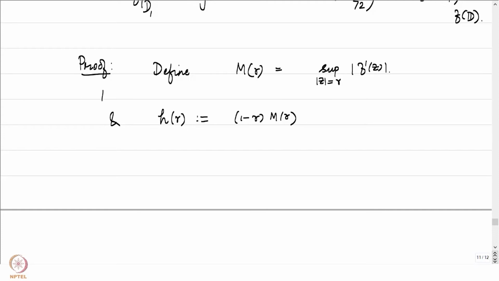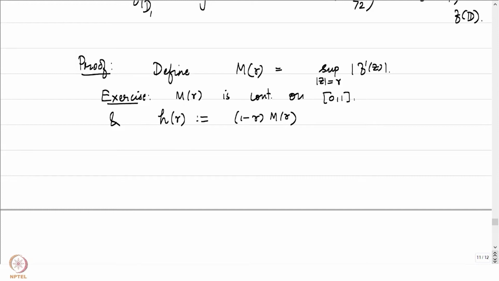So the first observation for you would be that M of r is indeed a continuous function on 0 1. I'm only interested in 0 1, so let's focus on 0 1. We will not bother about what happens outside. On 0 1, M of r is a continuous function. This follows because f prime on the closure of the unit disk, which is compact, is going to be uniformly continuous.